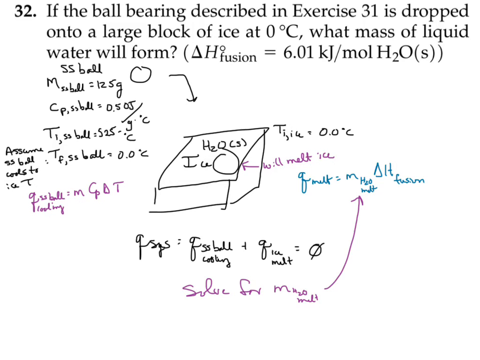You have the stainless steel ball cooling down from 525 to the melting point temperature of water, which is 0. And then you have a certain mass of water that is melting. So the only thing you don't know is the mass of the water that would melt.